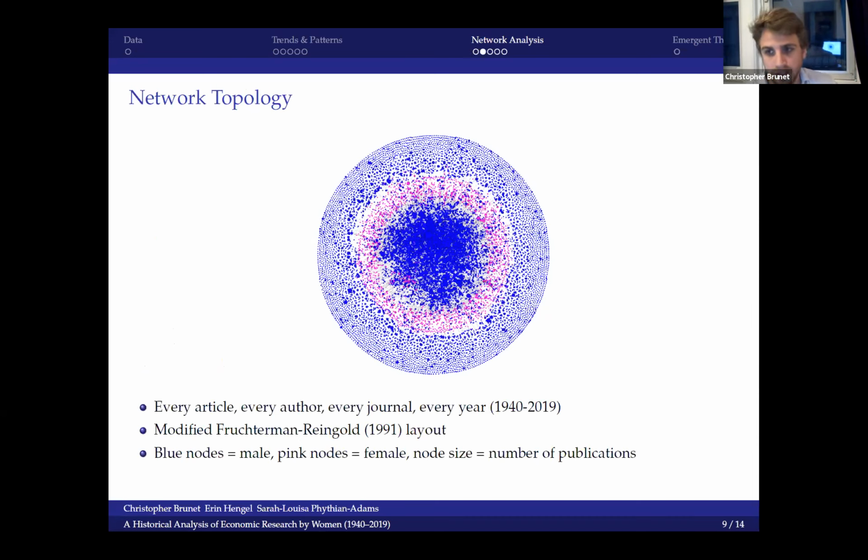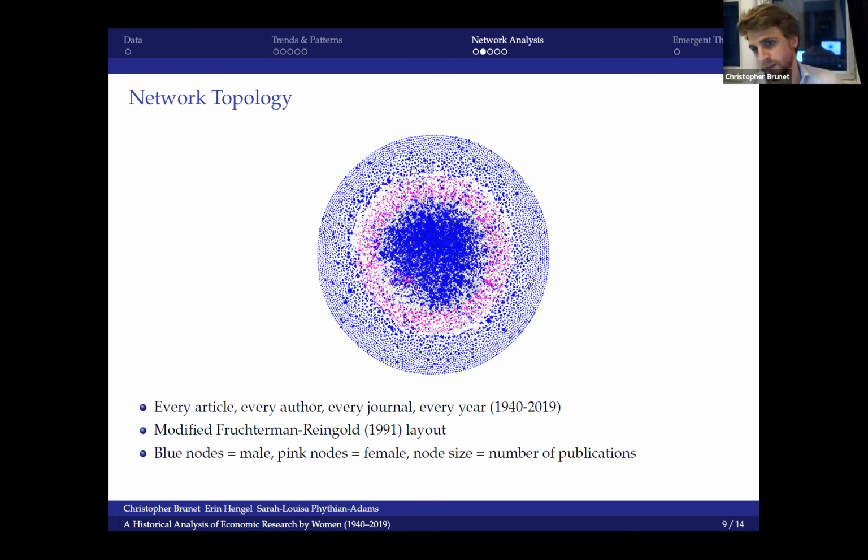This is what our network looks like when it's laid out. This is every article, every author, every journal, and every year, where the blue nodes are males, the pink nodes are females, and the bigger a node is, the more that author has published. For example, in the very center here, those really big nodes would be ASSA and Stiglitz. And the biggest female node that we have is this one where my mouse is right here.